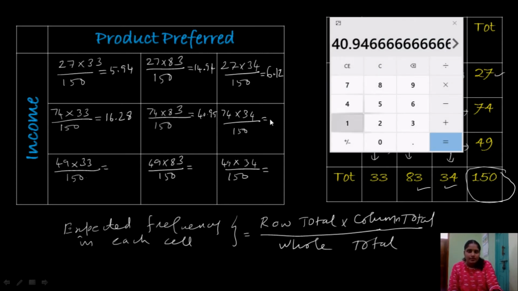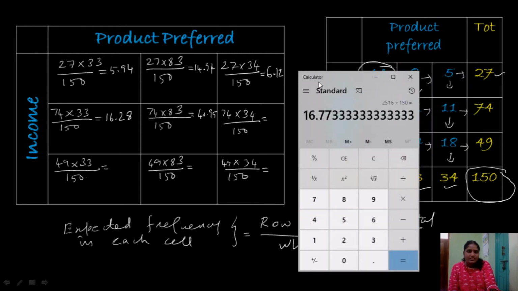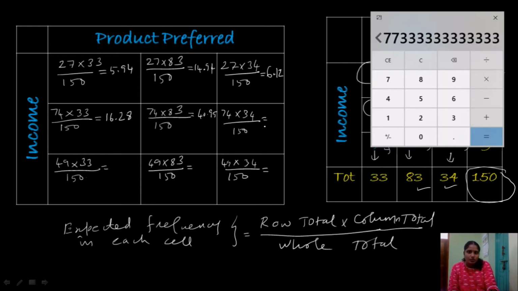And for the next one, 74 multiplied by 34 and divide this by 150, you get 16.7733, etc. I have to take up to 2 decimal places, so 16.77.